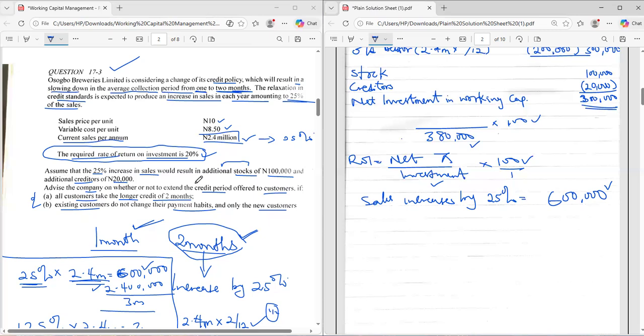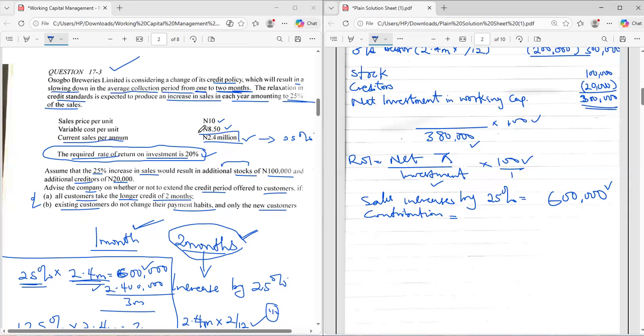Okay. So if this is your 600,000, it therefore means that your contribution, or what you call your profits, in this case you can say contribution because you only have variable cost here, sales minus variable cost, will now be how many percent?